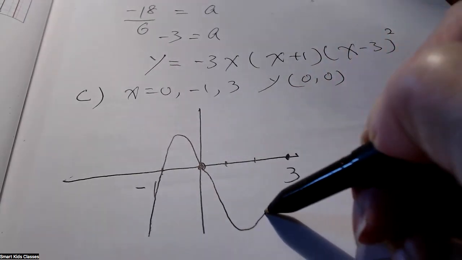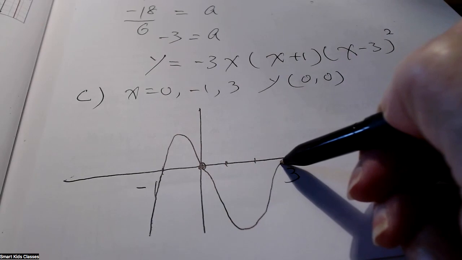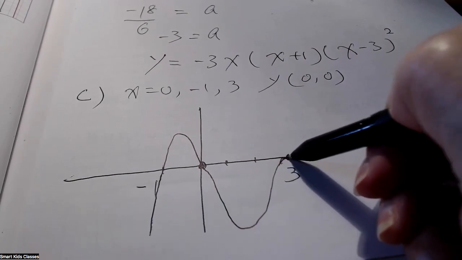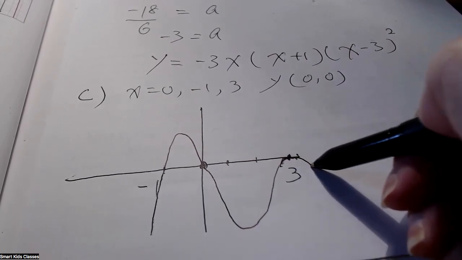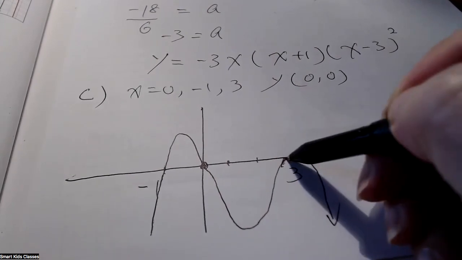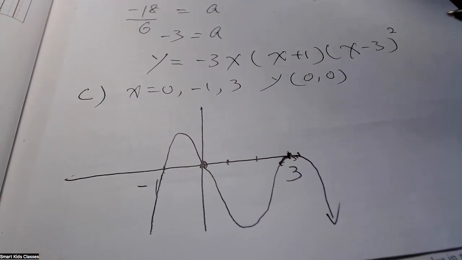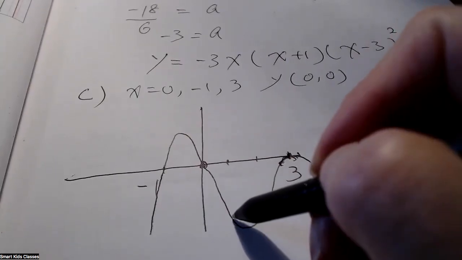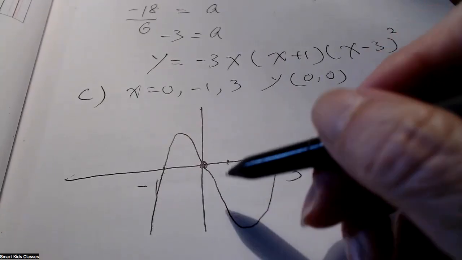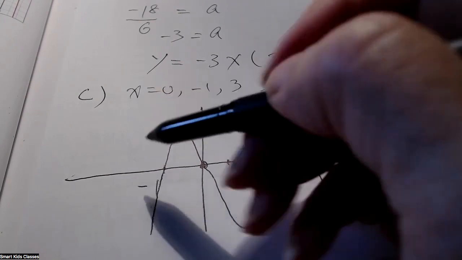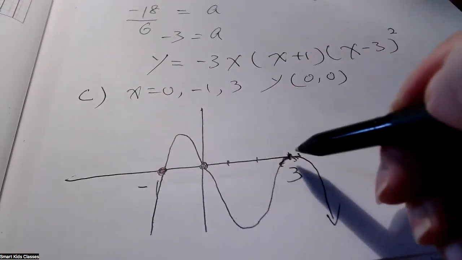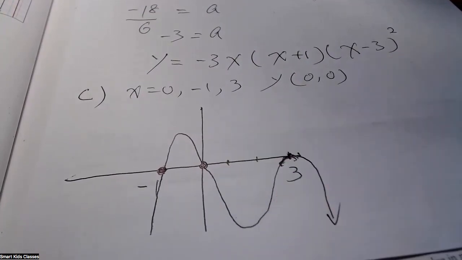And then move up and touch 3 lightly, because it's order 2. So we're going to have the point here for around 2 and negative 18. So we have an x-intercept and a y-intercept, and that's how we plot it.